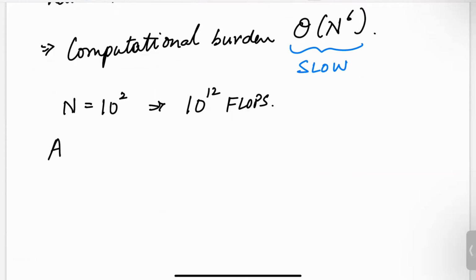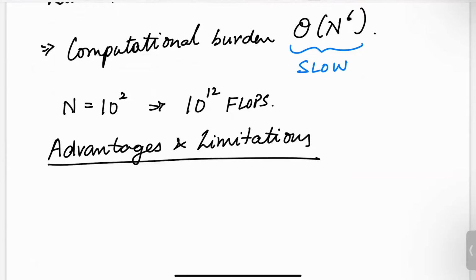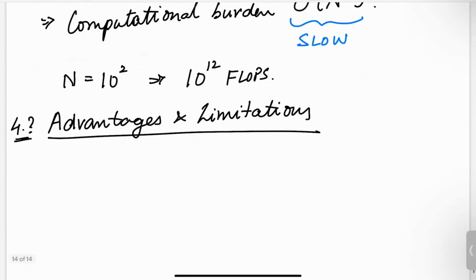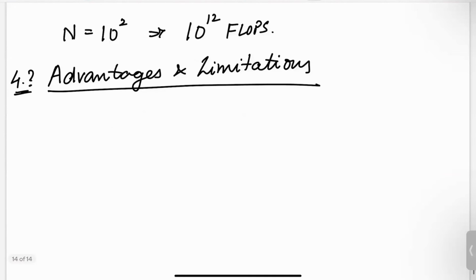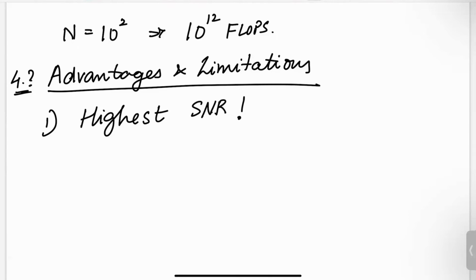So let's discuss the advantages and limitations of these algorithms. Or should I say this algorithm? Okay. So you can actually show that time domain correlation gives you the highest signal to noise ratio because it's match filtering essentially.